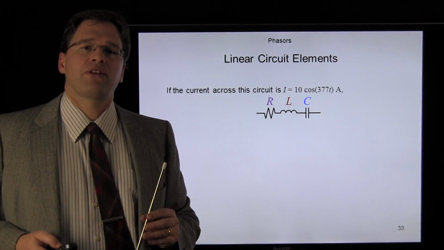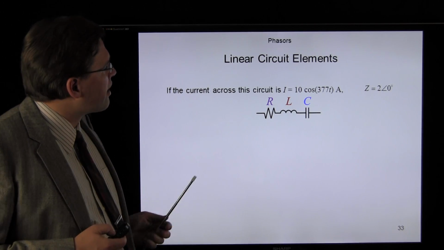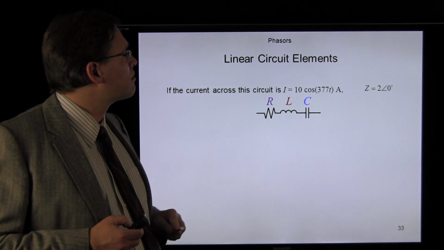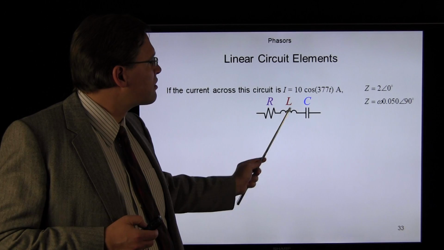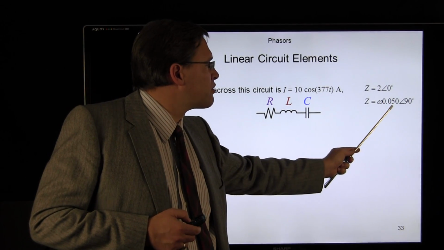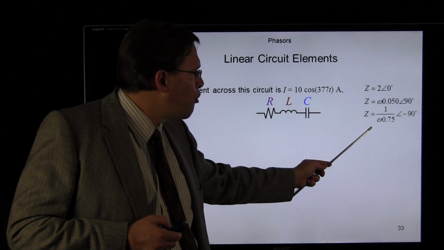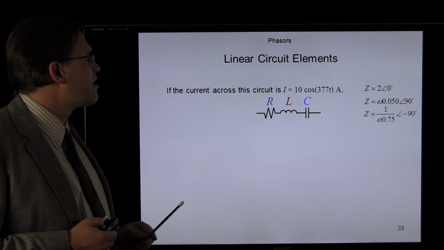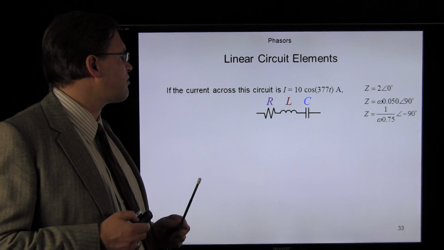Now, let's say we have a different current, 10 cosine 377t instead of t. Well, let's recall that the impedance of the resistor was 2 phase 0. The impedance of the inductor is omega 0.05 phase 90, and the impedance of the capacitor is 1 over omega 0.75 phase negative 90.